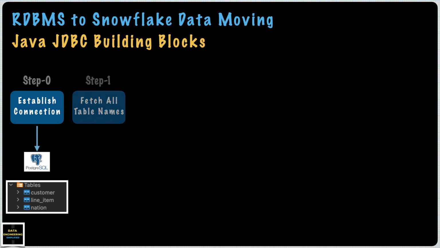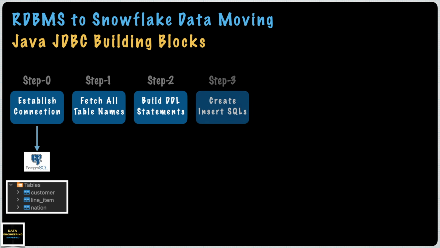Step 1 will fetch all the table names using Postgres information schema and keep that table list in Java's array list object in memory. Step 2 will fetch all the column lists using step 1 table names and create Snowflake compatible DDL statements. Step 3 will use step 1 table list output and create insert statements which are compatible with the java.sql.PreparedStatement construct, so we can run the insert statements in batch mode.